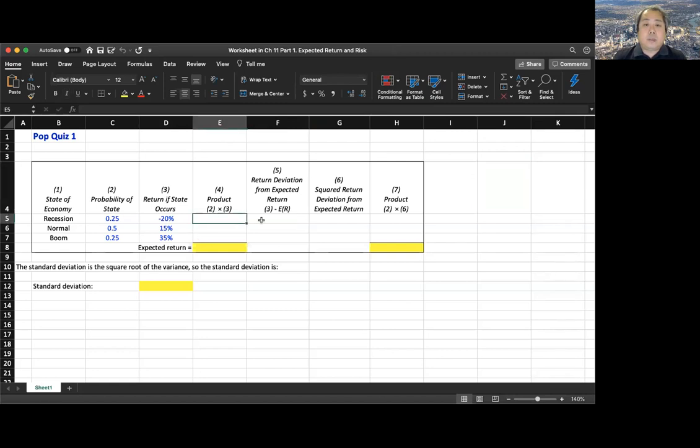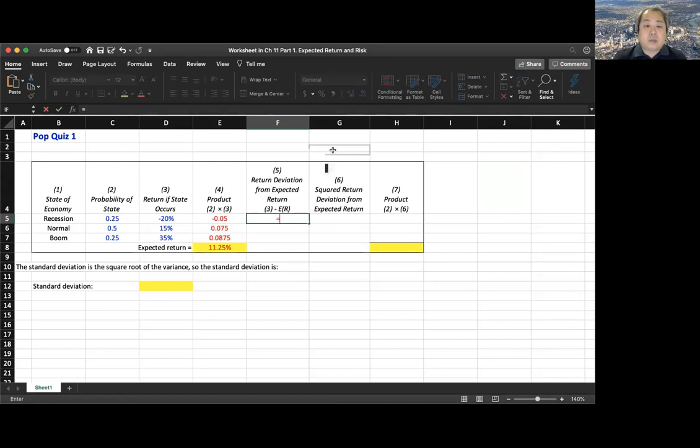Find the product 2 and 3. Add them up. Expected return is 11.25%.